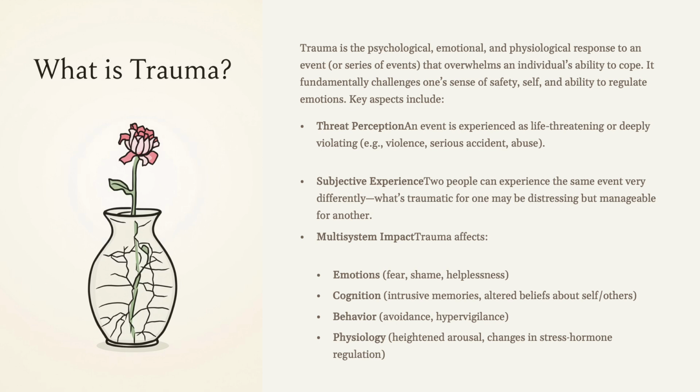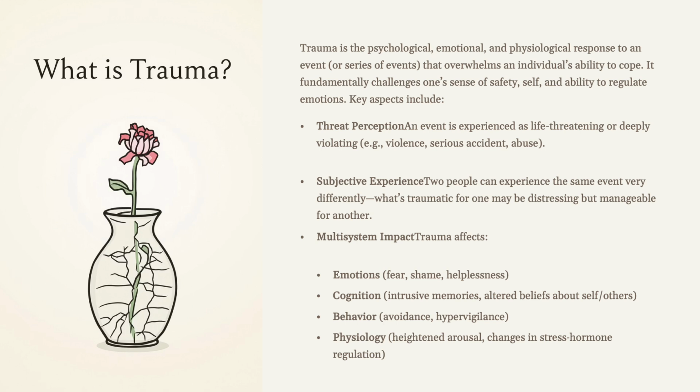As a result, it changed their sense of safety, their sense of self, and their ability to regulate. Whereas for another person, that's not true. They were able to manage through all of those things. So again, trauma isn't the situation, rather it's how a person responds to it.